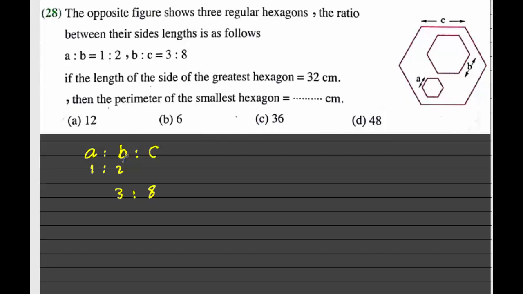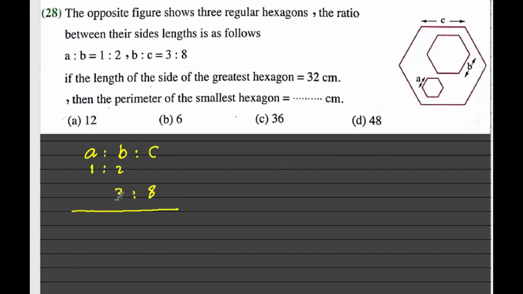Now I'll use this proportion to find the length of each side of the polygons. Okay, now we have A to B equals 1 to 2 and B to C equals 3 to 8.